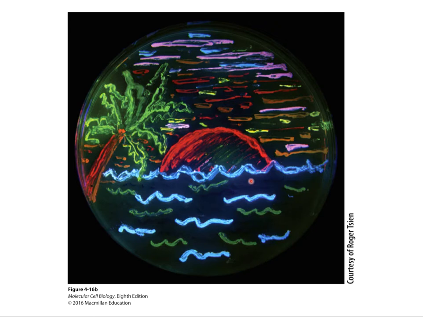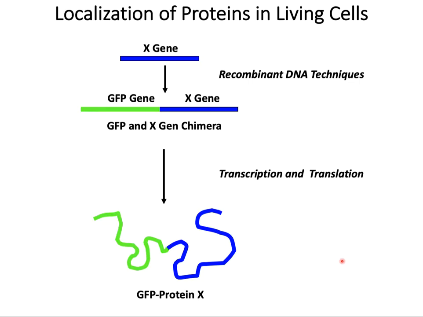To accomplish this, you need to make a chimeric protein in which GFP is attached to the protein of interest at either the C or N terminus of your protein of interest. So to do this, you need to use recombinant DNA technology.